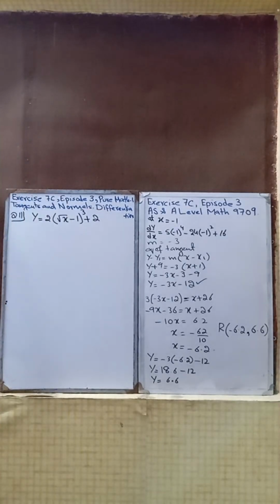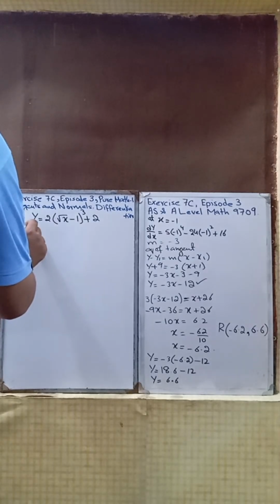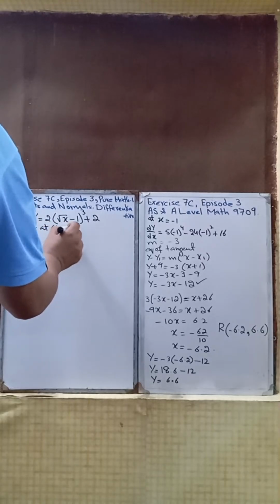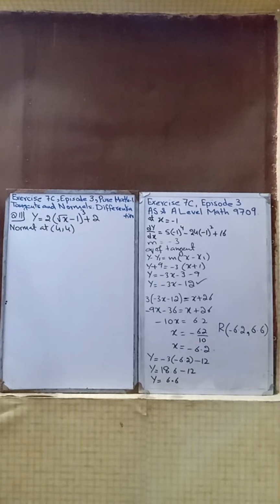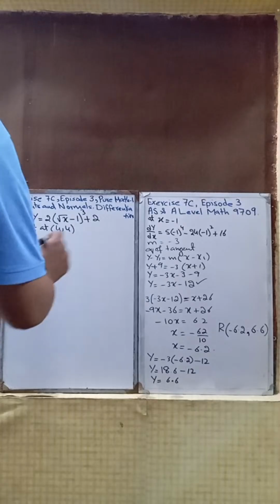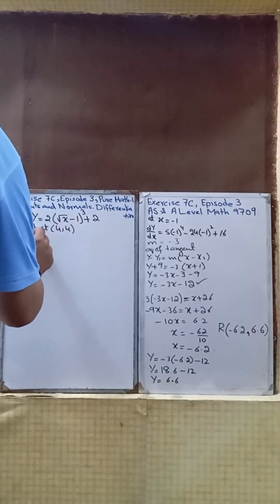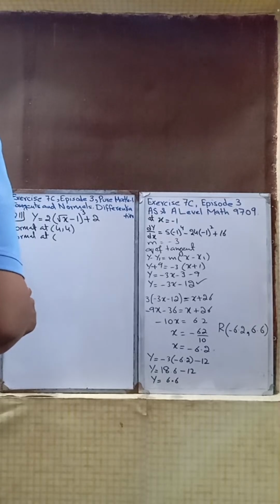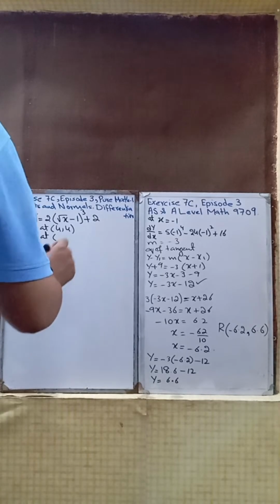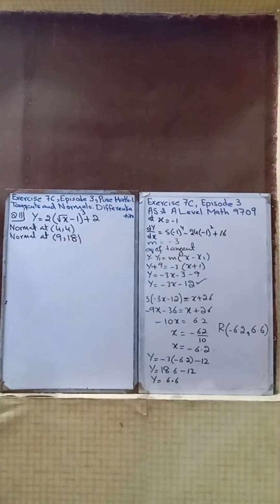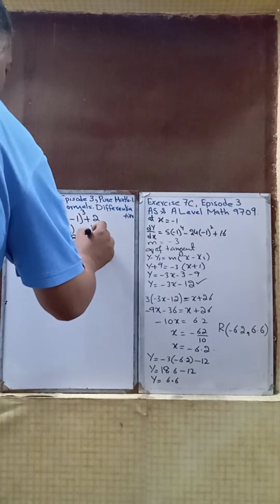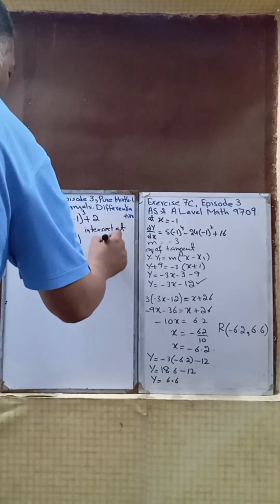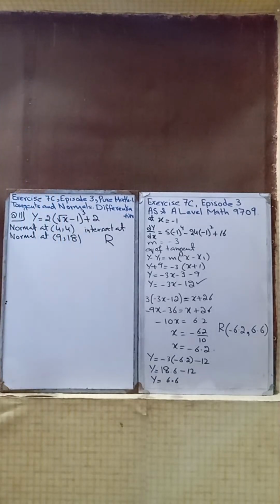The normal at the point 4 comma 4 and the normal at the point 9 comma 18 intersect at R. Find the coordinates of R. So we have to find the coordinates of the point R.